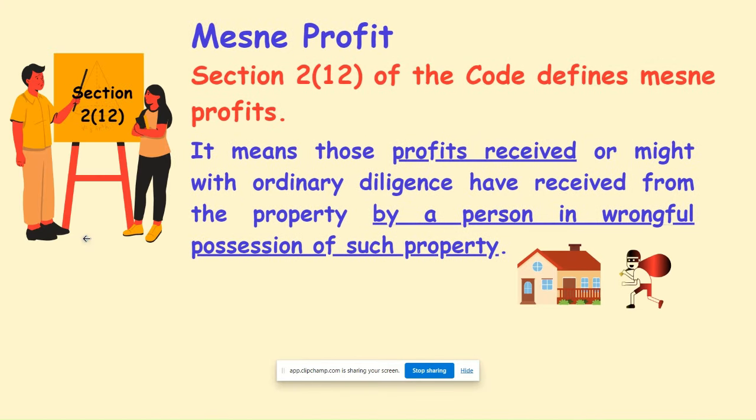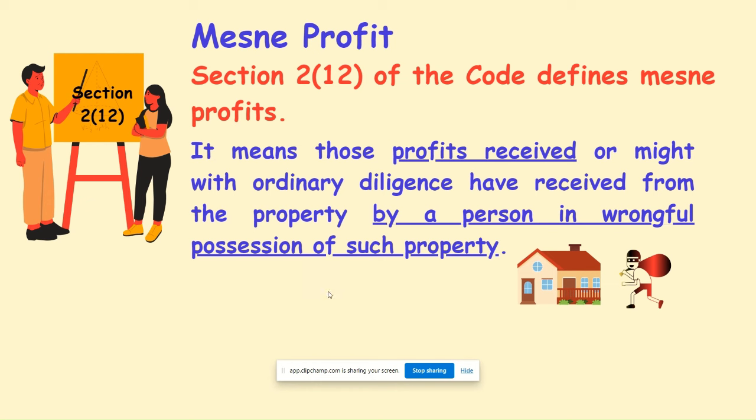Mesne profit. Section 2, subsection 12 of the code defines mesne profit. It means, इसका मतलब है प्रॉफिट्स रिसीव्ड, प्रॉफिट मिला है, कैसे मिला है? प्रॉफिट्स रिसीव्ड और माइट विथ ऑर्डिनरी डिलीजेंस हैव रिसीव्ड फ्रॉम द प्रॉपर्टी बाय अ पर्सन इन रॉन्गफुल पोजेशन ऑफ सच प्रॉपर्टी. ये पर्सन जो है ये रॉन्गफुल पोजेशन में है प्रॉपर्टी के, इसका हक नहीं है.